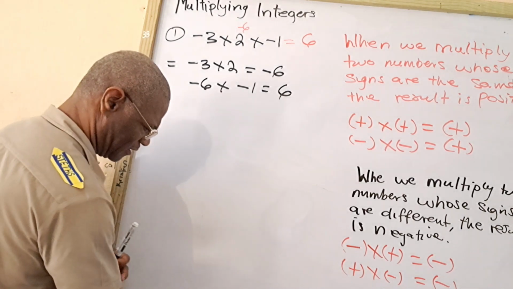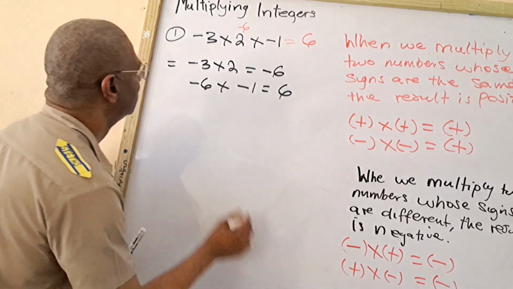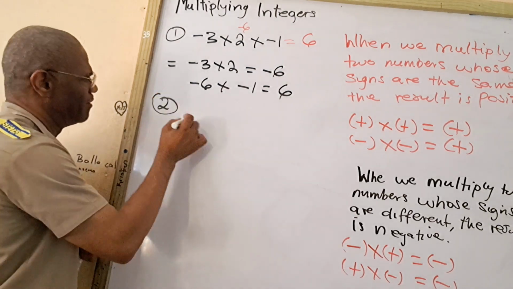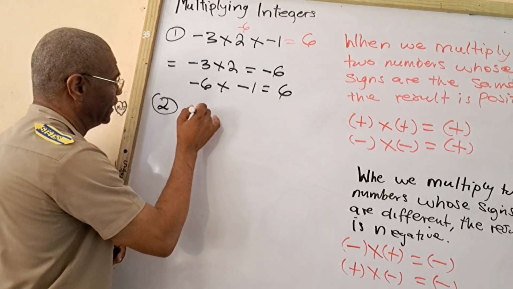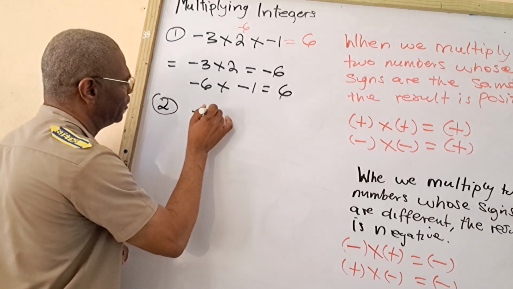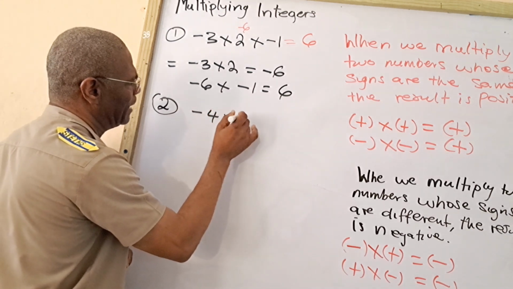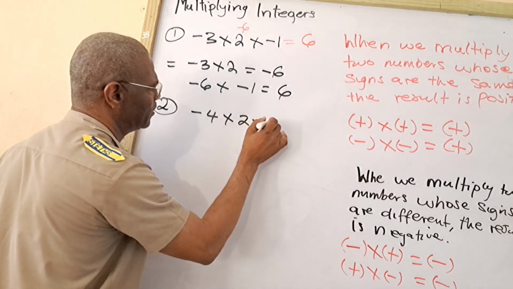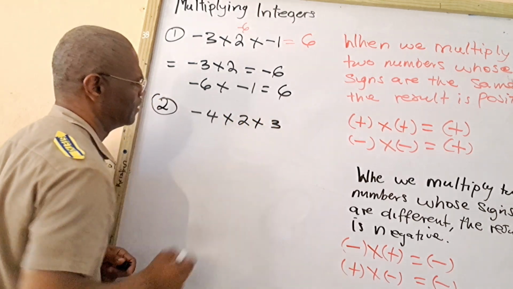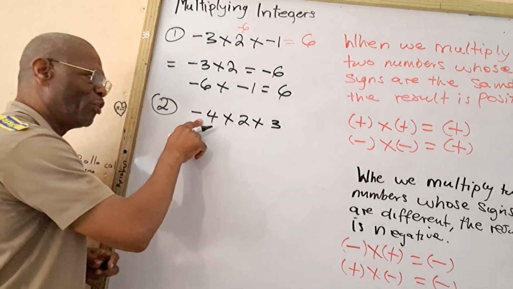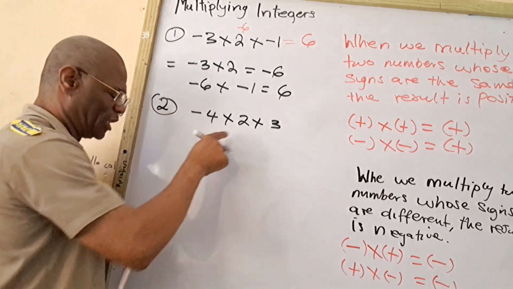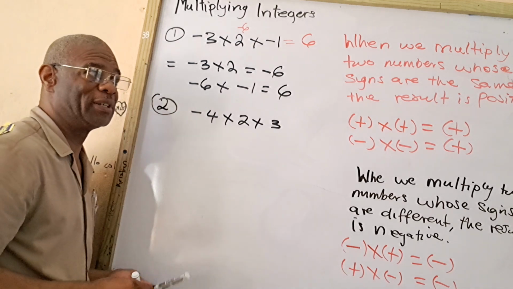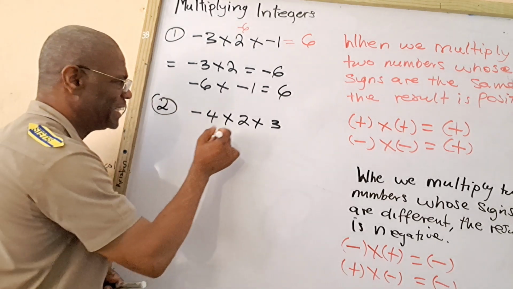Now, let's say we have negative 4 times 2 times 3. Negative 4 times 2 would be what? Negative 8, because a negative number times a positive number gives us a negative result.